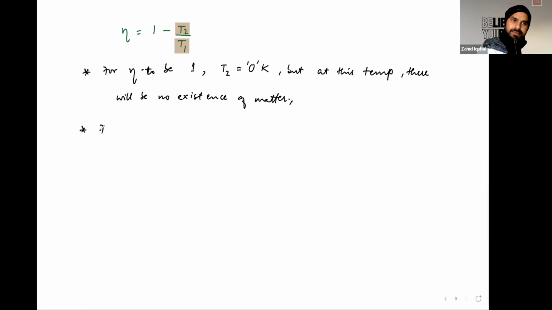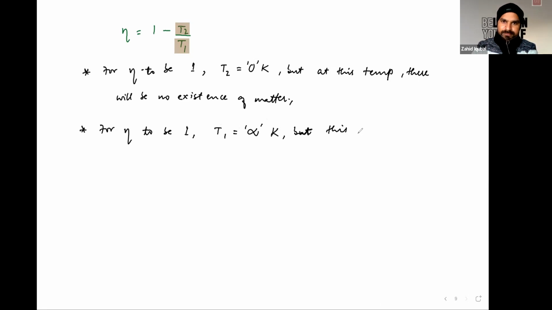Similarly, the next possibility for eta to be 1 is that T1 should be infinite Kelvin. But this is practically impossible, as it is impossible to create infinite temperature.